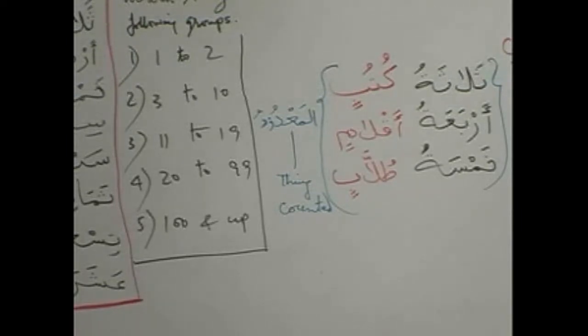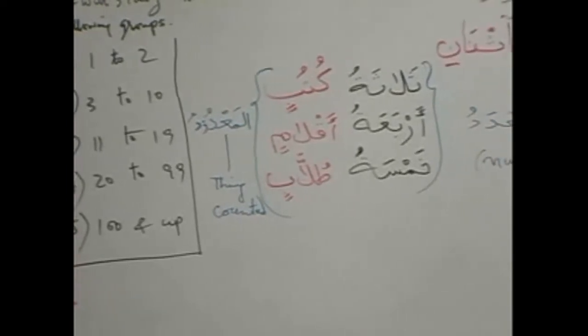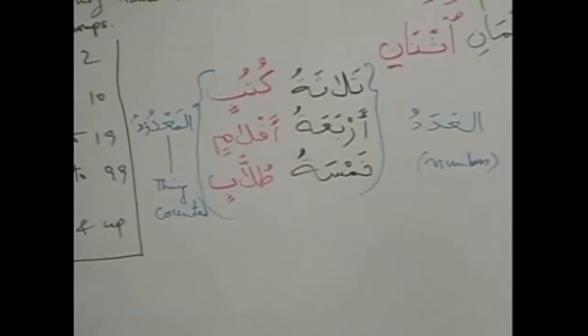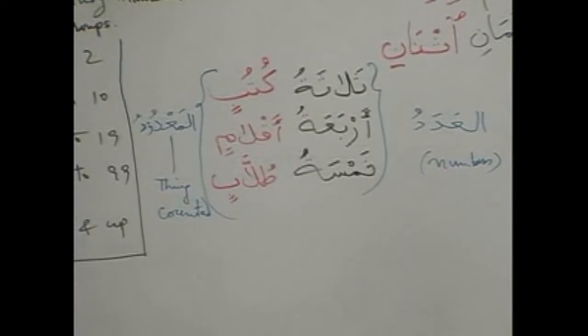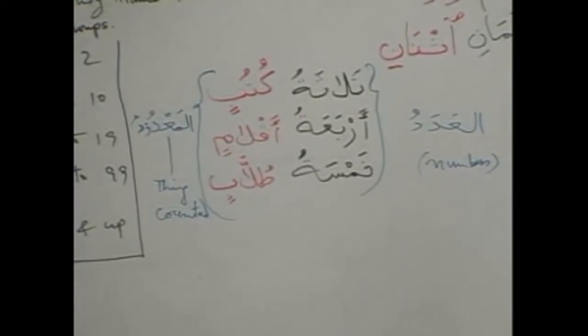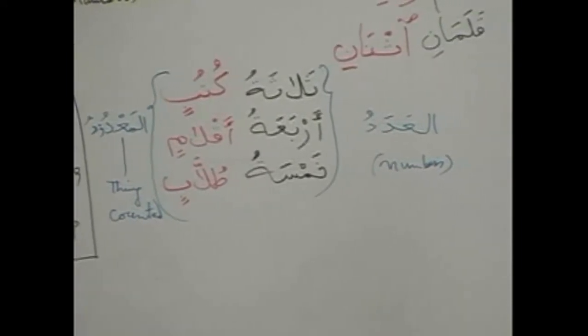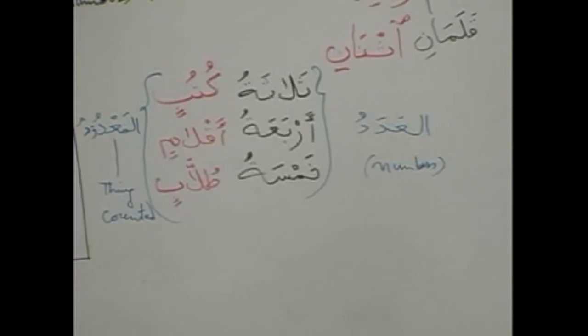So we will remember this part, adad and ma'dud. Adad is number, ma'dud is the thing counted. Because this will help us later on in understanding a little bit deeper, inshallah. So this is it, brother.